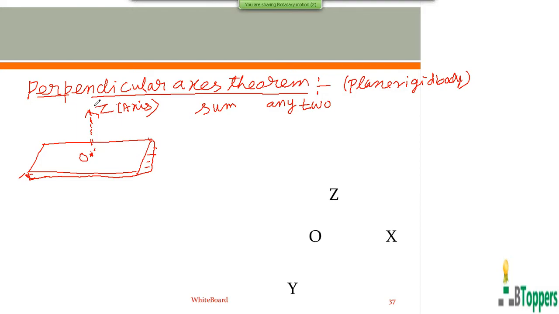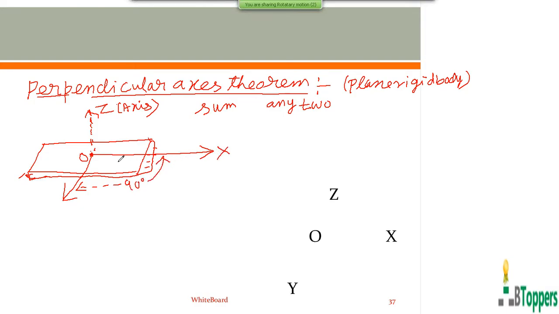To apply the theorem, you can consider any two axes which lie in the plane of the rigid body and which are perpendicular to each other.